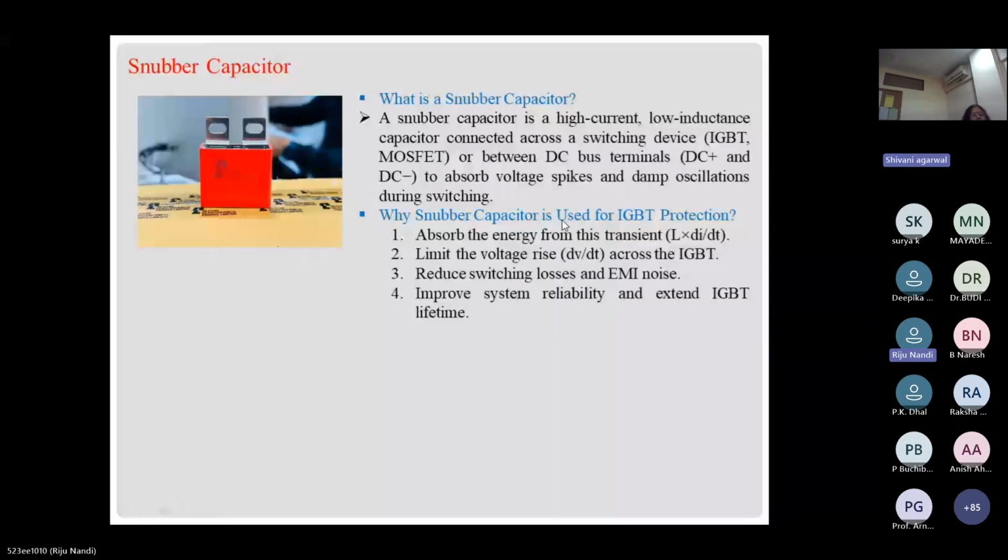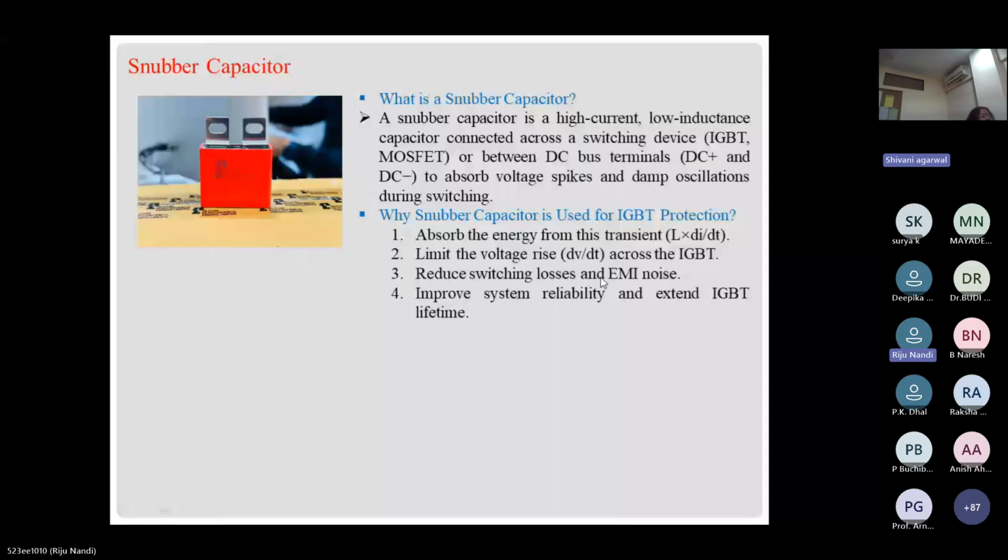Why is the snubber capacitor used for IGBT protection? It absorbs the energy from this transient, meaning L into di by dt. It also limits the voltage rise. When the voltage rise is very large, it limits the voltage rise across the IGBT, so that voltage won't damage the IGBT. It reduces switching losses and EMI noise.